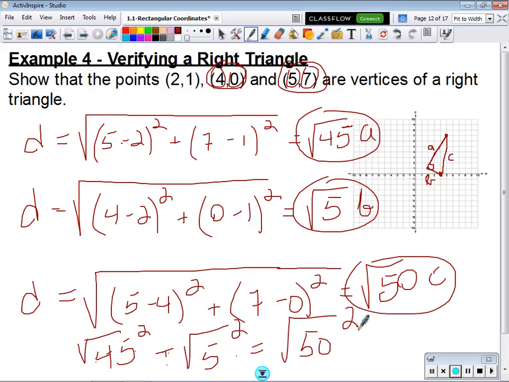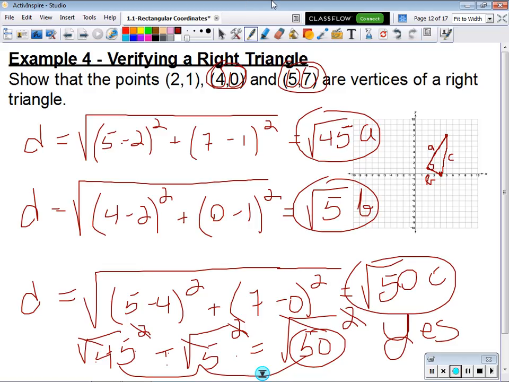And if you notice, the squares and the square roots will all cancel each other out. What I'm left with is 45 plus 5, which equals 50. So to answer this question, yes, this would in fact be a right triangle, because when I do a squared plus b squared equals c squared, this works out to be the square root of 50, which is the same thing there.